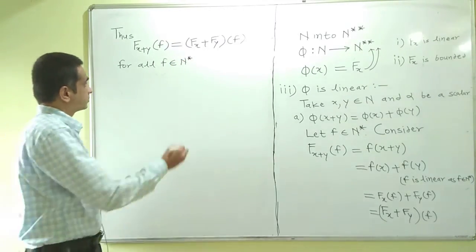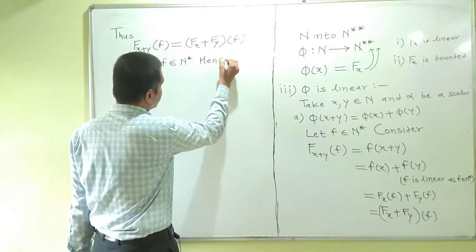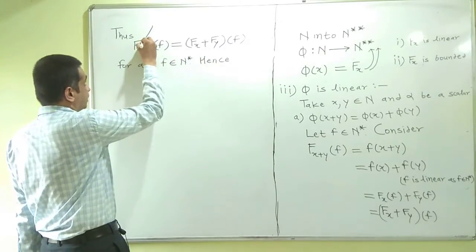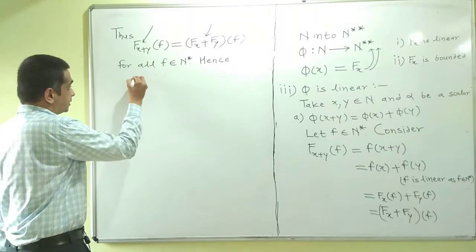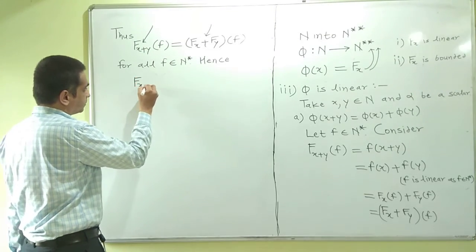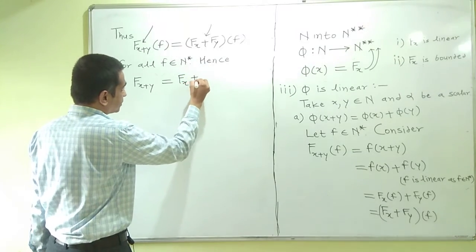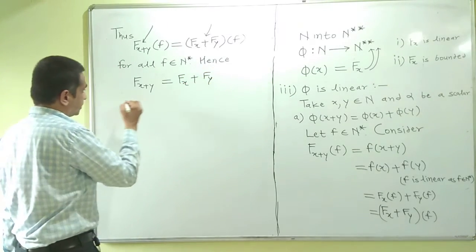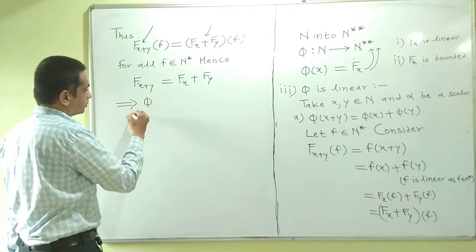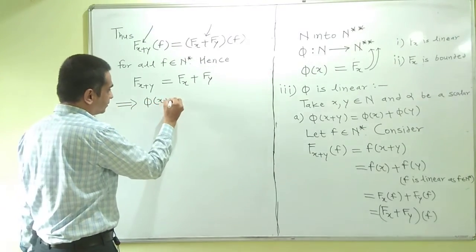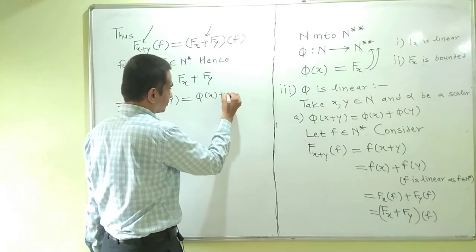Hence these two functions are equal. Which two functions do I mean? Fx plus y and Fx plus Fy. Hence Fx plus y equals Fx plus Fy. This implies that phi of x plus y is equal to phi x plus phi y.